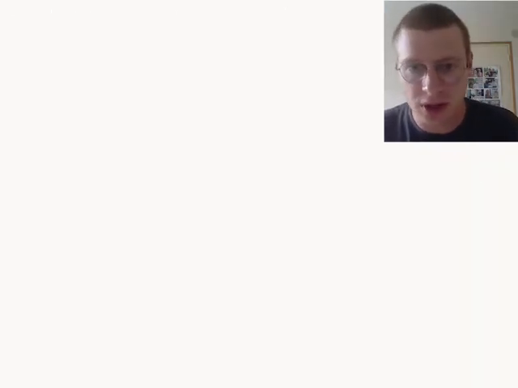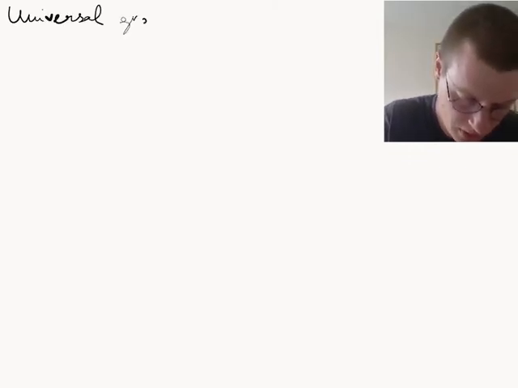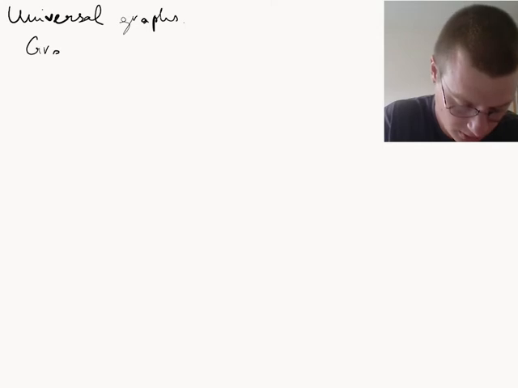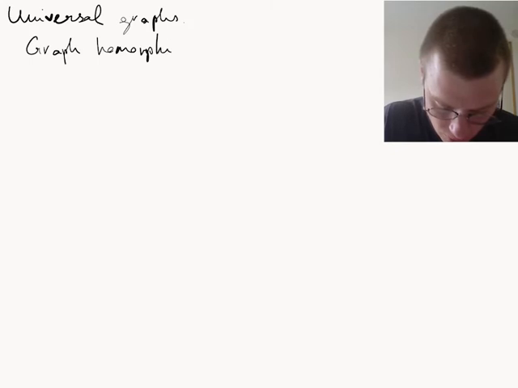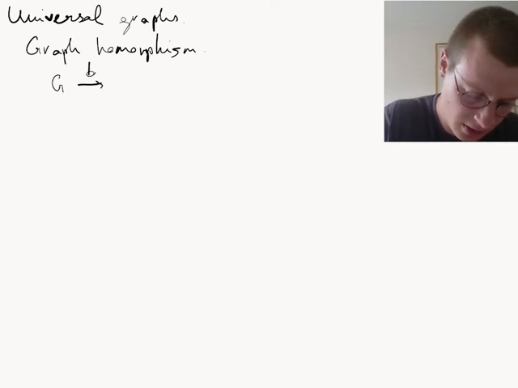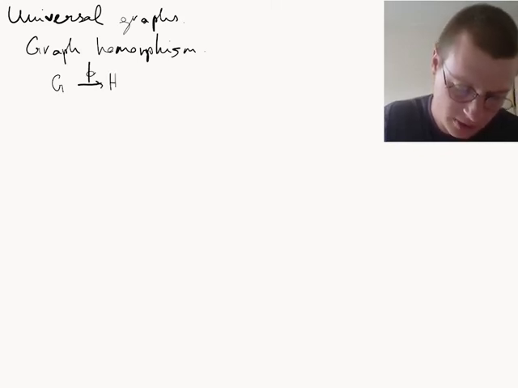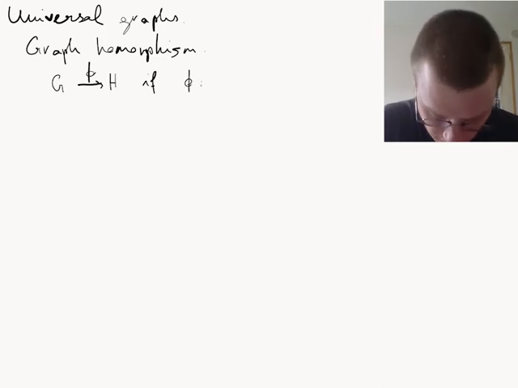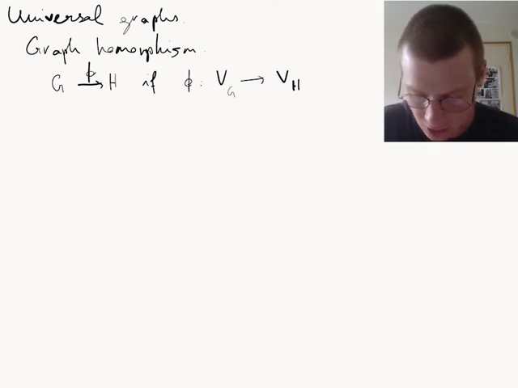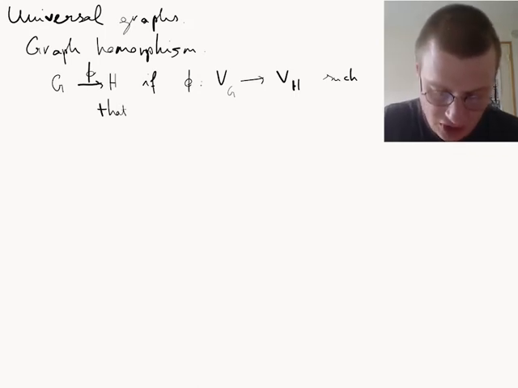I will now introduce our basic tool, which is that of universal graphs. First I need to define graph homomorphism. I'm going to say that phi is a homomorphism from G to H if phi is a function from the vertex set of G to the vertices of H such that edges are preserved.